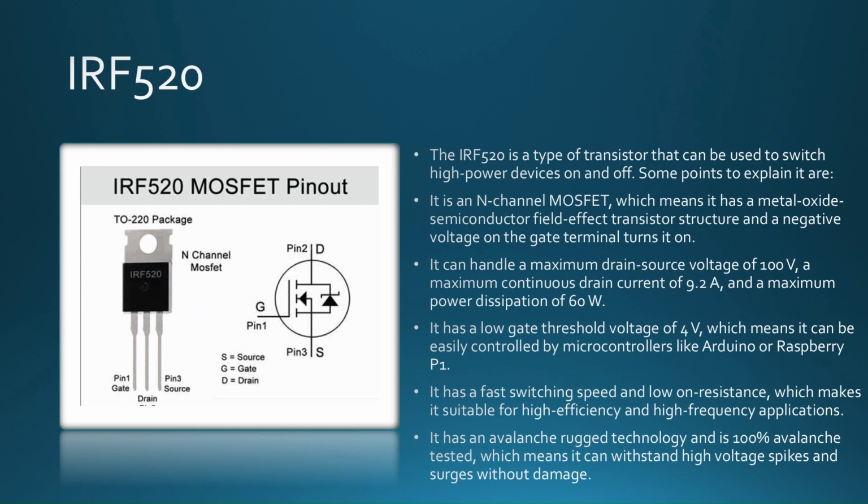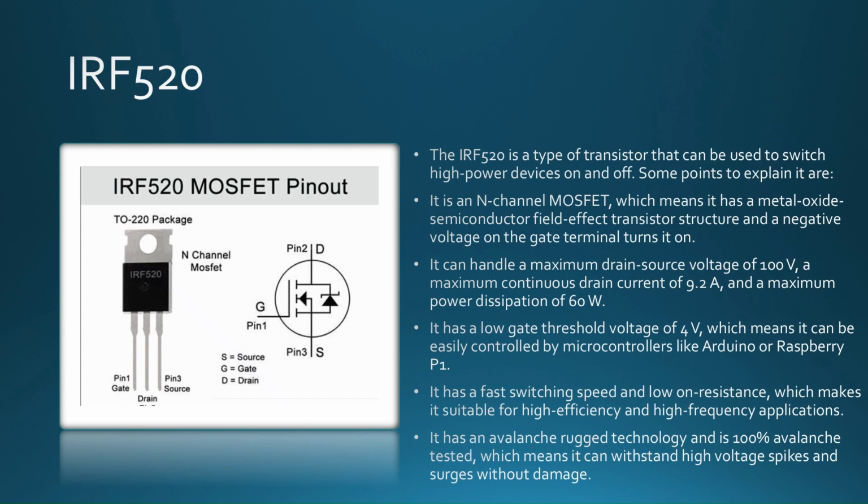Some points to explain it are: it is an N-channel MOSFET, which means it has a metal oxide semiconductor field effect transistor structure and a negative voltage on the gate terminal turns it on. It can handle a maximum drain source voltage of 100 V, a maximum continuous drain current of 9.2 A, and a maximum power dissipation of 60 W. It has a low gate threshold voltage of 4 V, which means it can be easily controlled by microcontrollers like Arduino or Raspberry Pi.